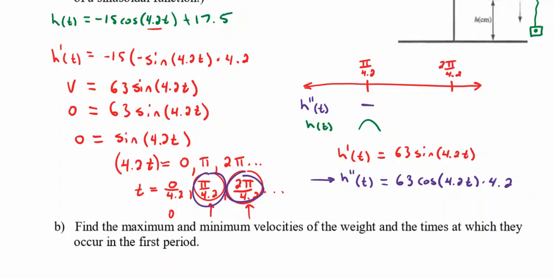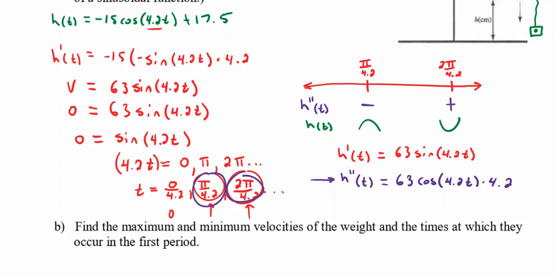All right, let's do the next one. If I threw in 2 pi over 4.2, the 4.2's again would cancel, so that'd be cos of 2 pi, which would just be positive 1. So that's going to be coming out positive, which means this thing is going to be opening up, so that must be a min.